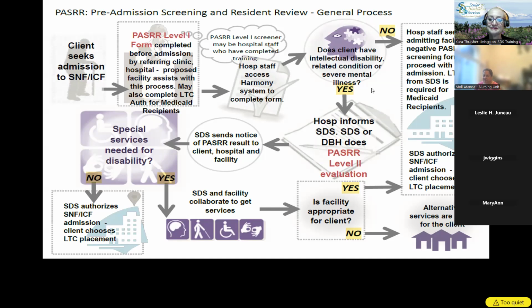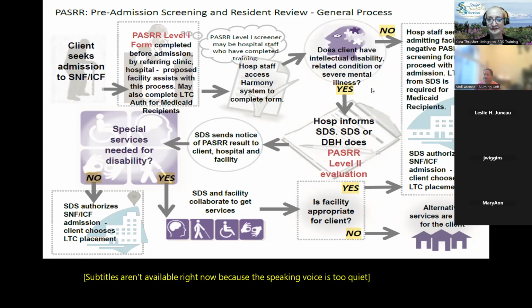Specialized services are additional services to address any severe mental illness or an IDD related disability, additional to the long-term care or nursing home facility services.